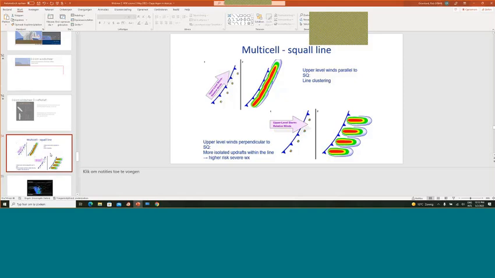But that means that when that steering flow changes a little bit, it can be in the upper levels, but it can also be at 700 hectopascal or 600 hectopascal. It depends a little bit on the depth of the convection which type of steering flow you choose.